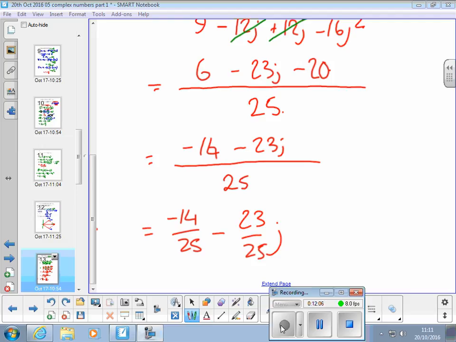Or we can turn those into decimals, because they've got a j attached to that. Right?